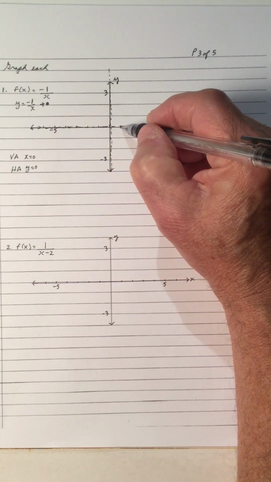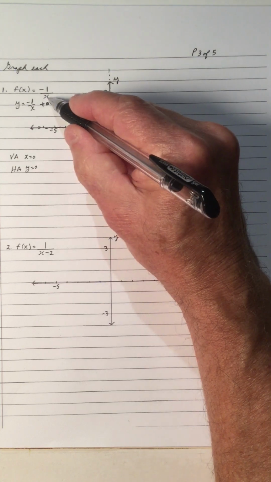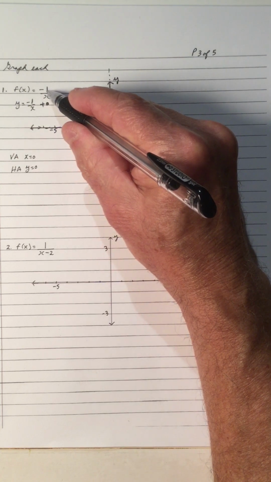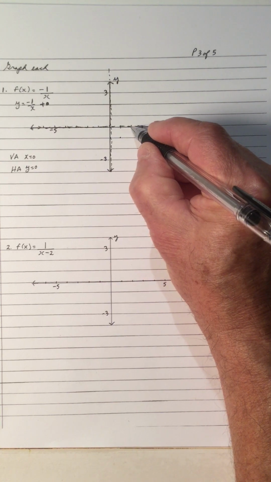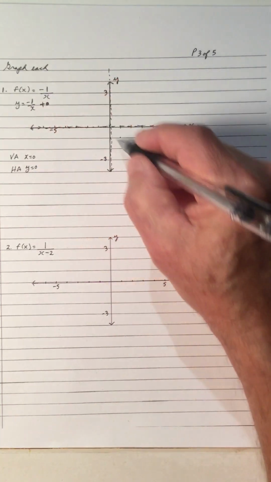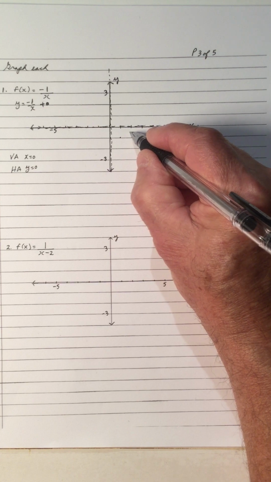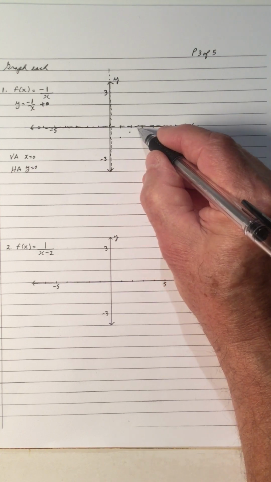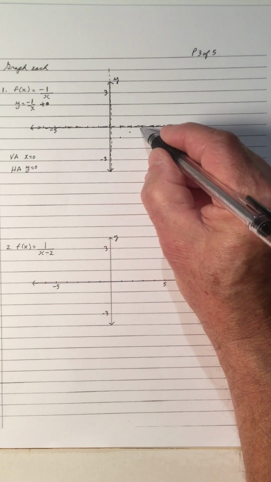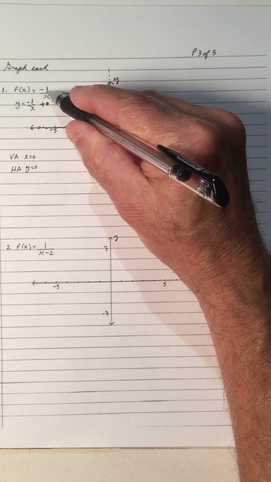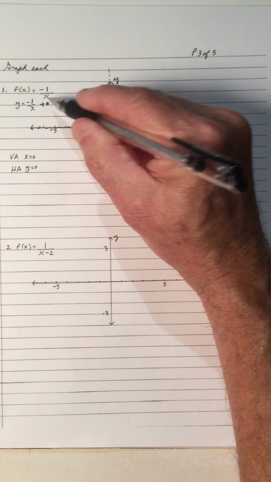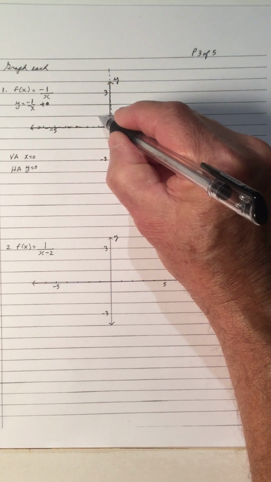So if x is positive, let's say x is 1, y is negative 1. That's there. If x is 2, y is negative a half. So you can see it's in here. And if x is negative 1, negative 1 divided by negative 1, y is 1. So if x is negative 1, y is 1.